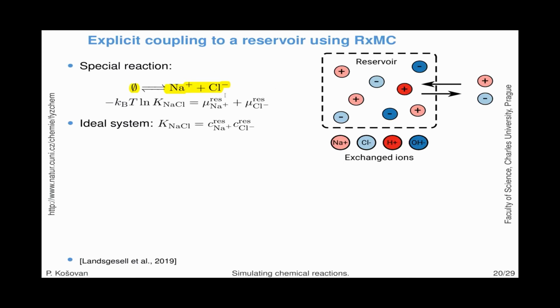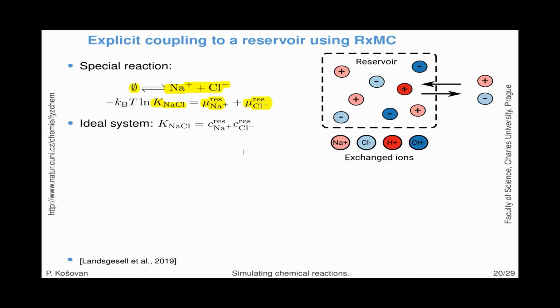This reaction is equivalent to exchanging this ion pair with a hypothetical reservoir, and this reservoir can be characterized by the chemical potentials of those two ions, and these chemical potentials translate to the equilibrium constant of this special reaction, which I set as the input of the reaction ensemble simulation.